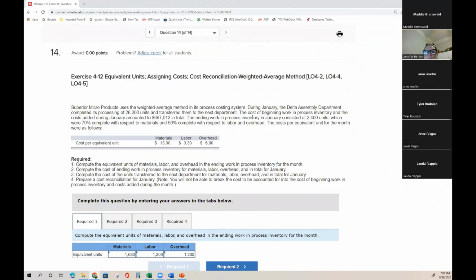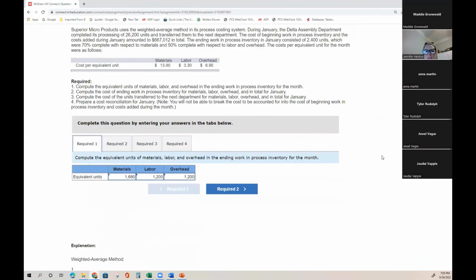The ending work in process inventory in January consisted of 2,400 units, 70% complete with respect to materials and 50% with labor and overhead. So they're not breaking it out on a table for you, but they're giving it to you in the words here. And the cost per equivalent unit is this. Here's your table. And that's what you're going to use to calculate everything out.